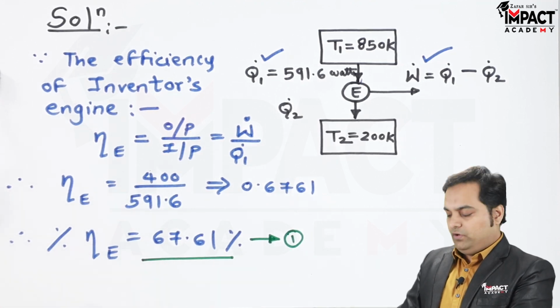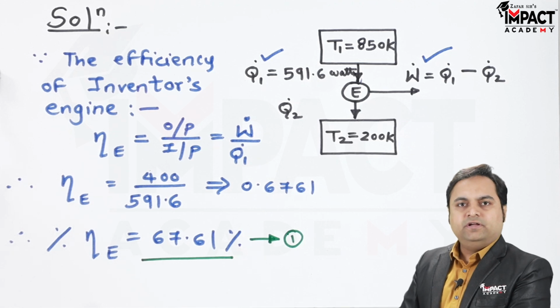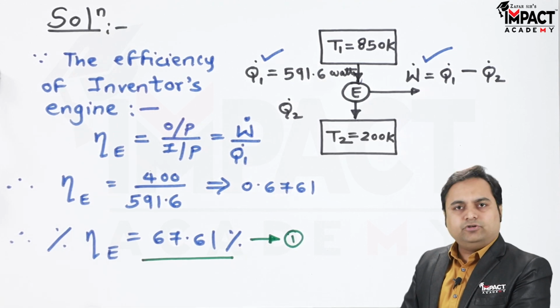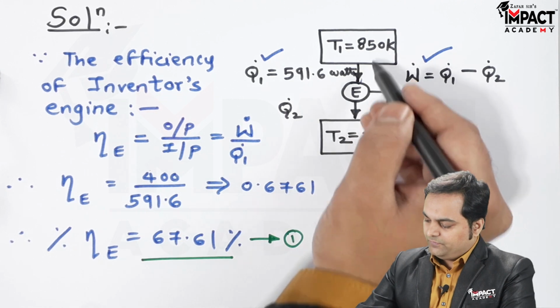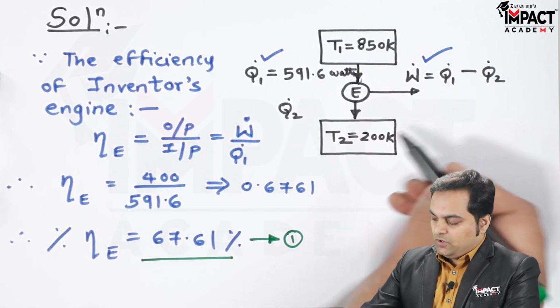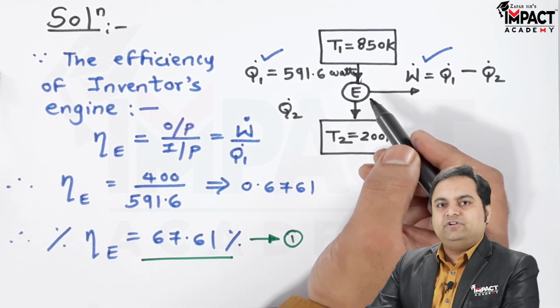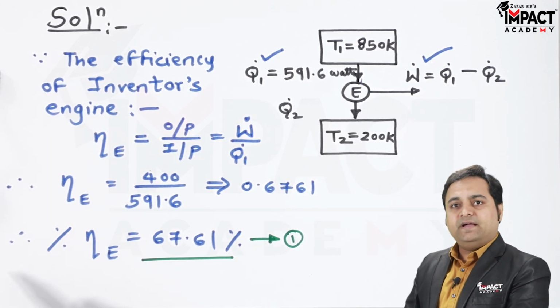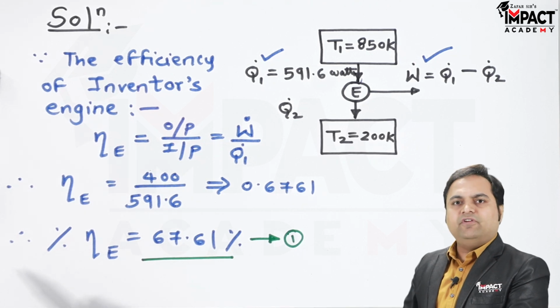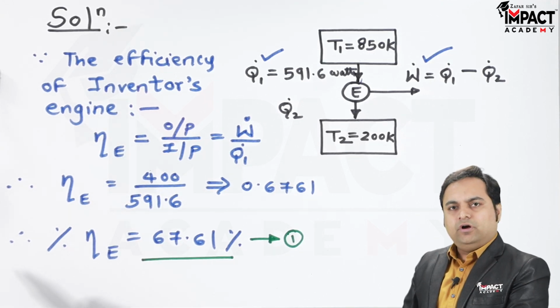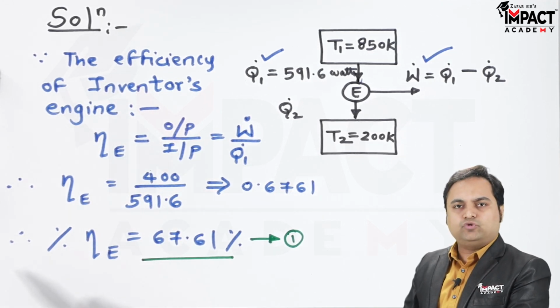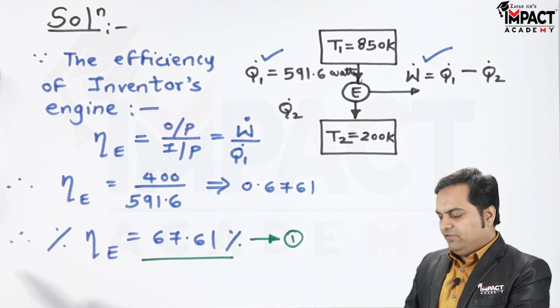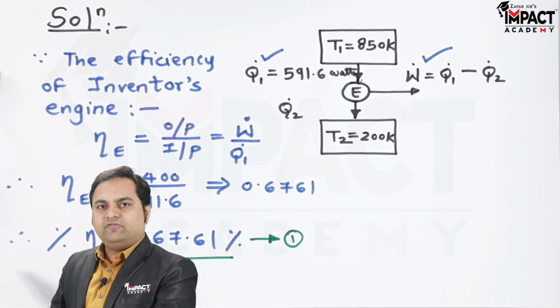Now, whether his claim is true or false depends on the Carnot efficiency, because working between the same temperature limits, the Carnot engine is the engine which will develop the maximum amount of power and also have the maximum efficiency. So if we compare any engine with the Carnot engine, that will tell us whether the claim is true or false. It means we have to calculate the efficiency of the Carnot engine.